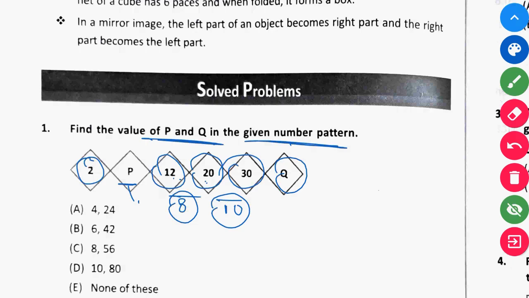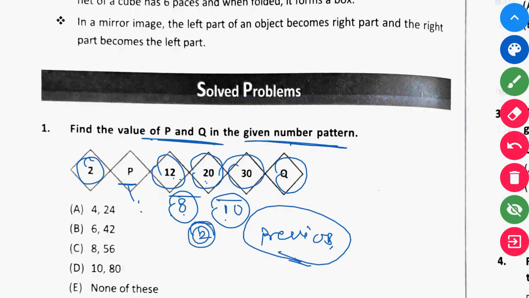We have to think another way also if this thinking pattern does not match the given question. Now 8, 10, there is a difference of 2, so every time we add some number to the previous number, and what we add increases by 2 only.